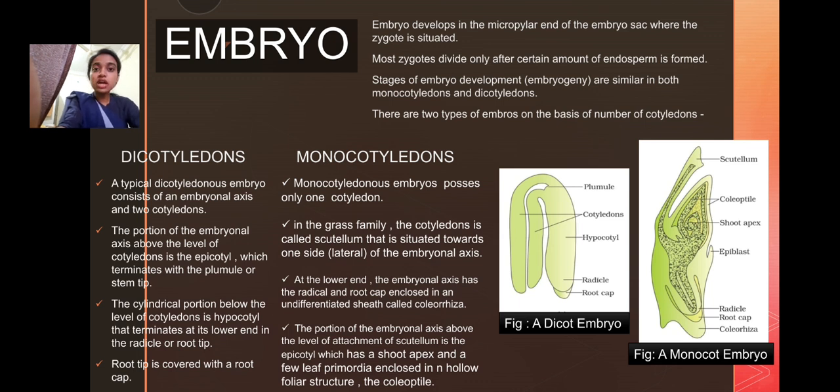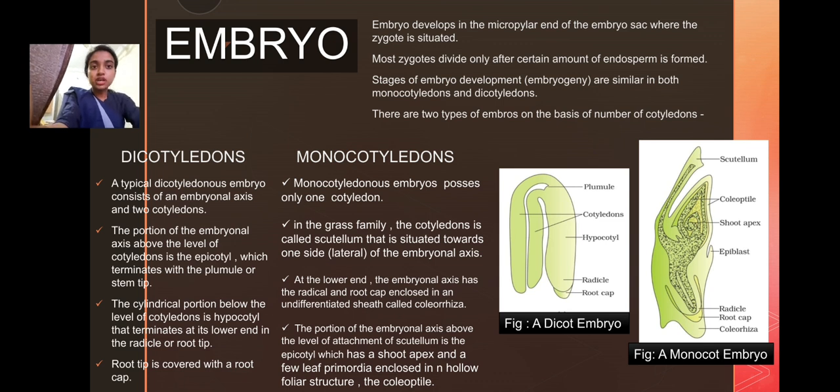The portion of the embryonal axis above the level of cotyledons is the epicotyl, which terminates with the plumule or stem tip. The cylindrical portion below the level of cotyledons is the hypocotyl that terminates at its lower end in the radicle or root tip. The root tip is covered with a root cap. A typical dicot embryo is given in the figure.